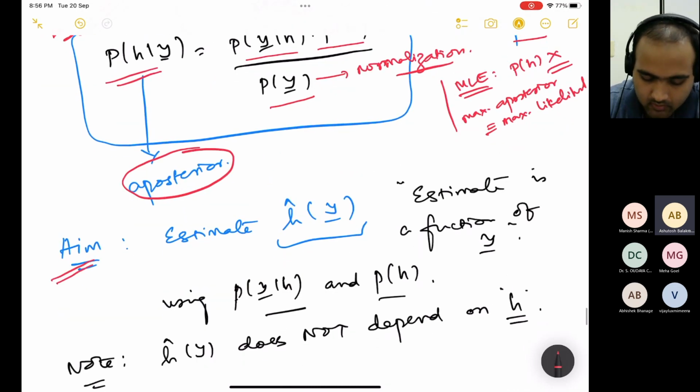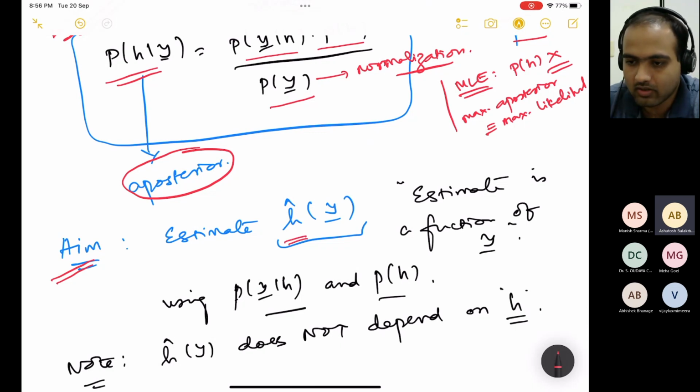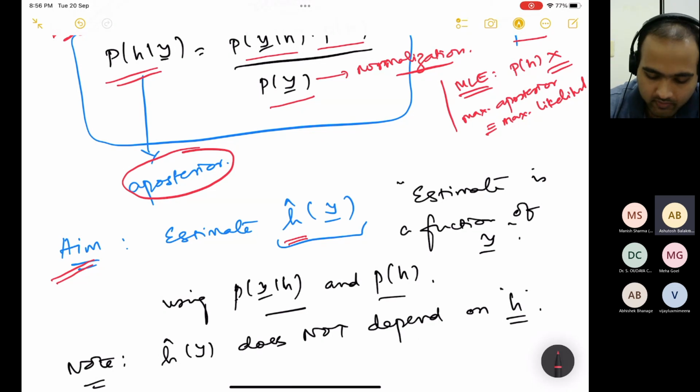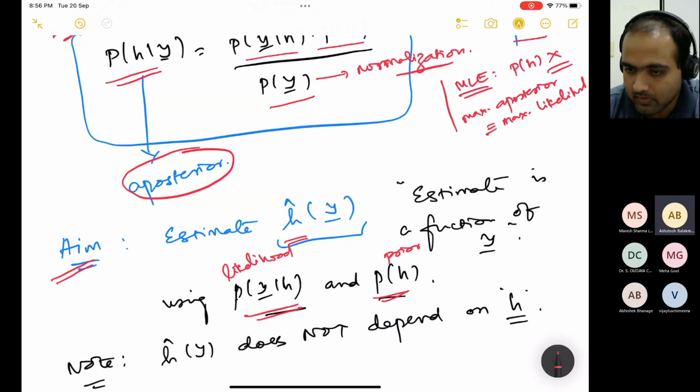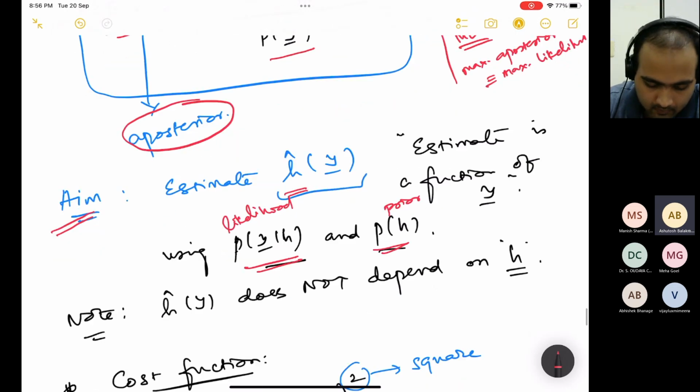So what is my aim? We want to estimate h hat, which is a function of the observation, right? So my estimate of the parameter is actually a function of the observations, and we are going to use the likelihood probability and my prior probability, that is p of h, and we are going to use these two probabilities to estimate the h hat of y.